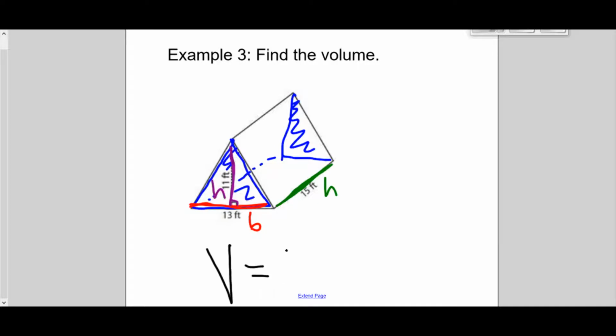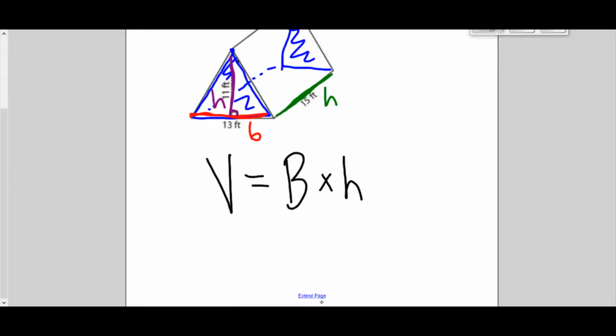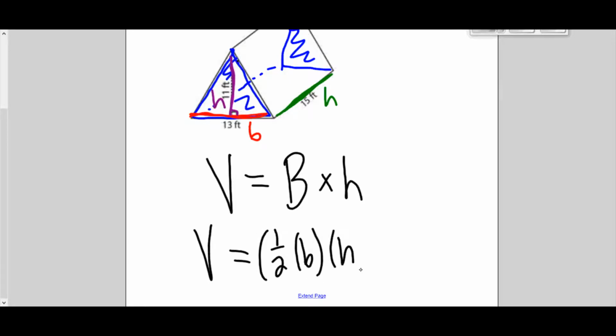Volume equals big B times H. So remember, the base shape here is a triangle. So we know the area formula for a triangle. It's 1/2 base times height. So this is a triangular prism. And then we're going to multiply by the other height.